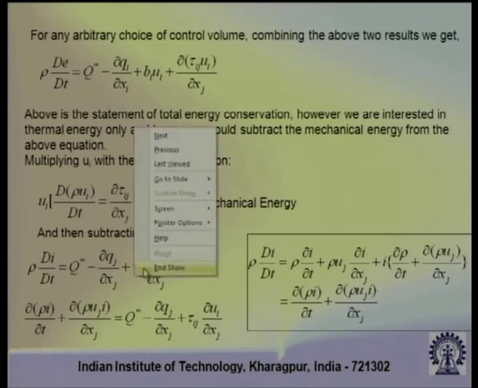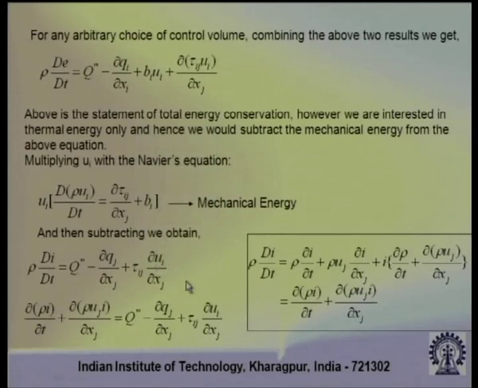That is the expression which appears here. Again, when we have this expression, remember that we have now eliminated the kinetic energy and potential energy. So, it was internal energy plus kinetic energy plus potential energy. Small i is the specific internal energy, that is internal energy per unit mass.